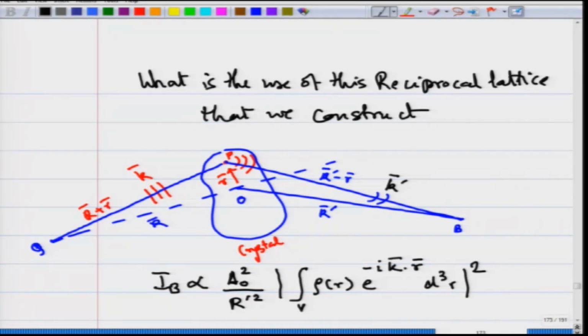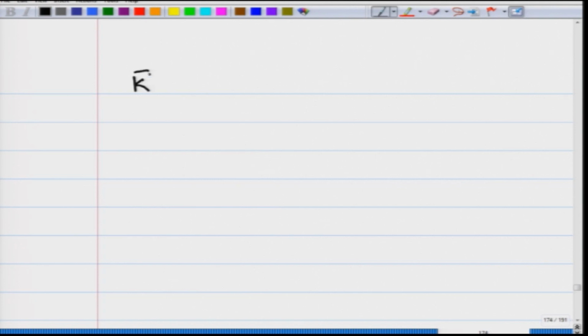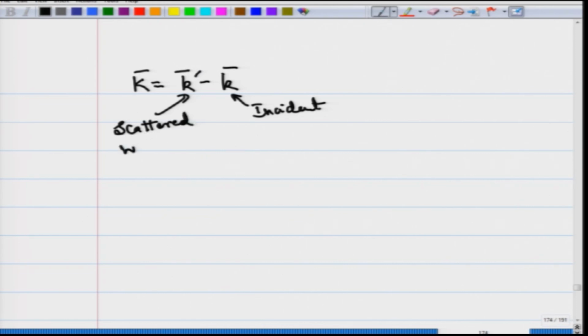So, this is the wave vector of the scattered wave, and your scattering vector is written as k prime minus k. This is your incident wave vector and this is my scattered wave vector.